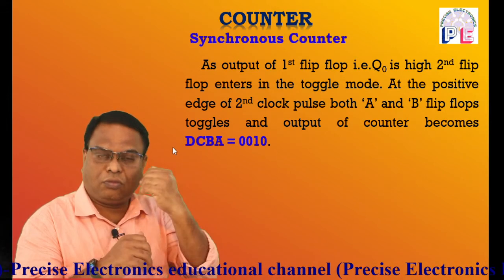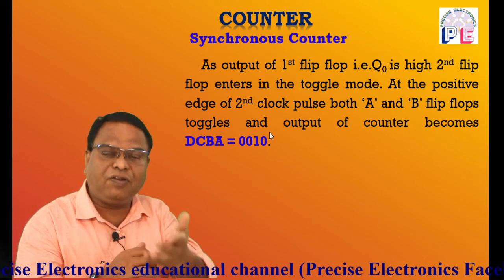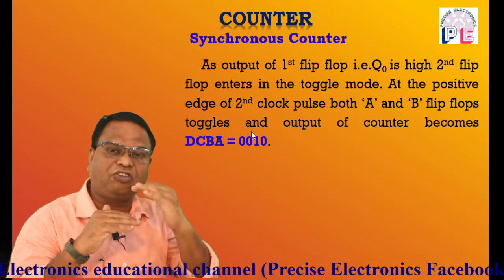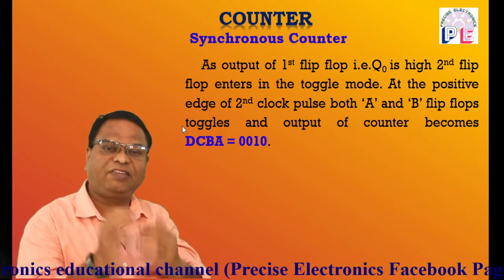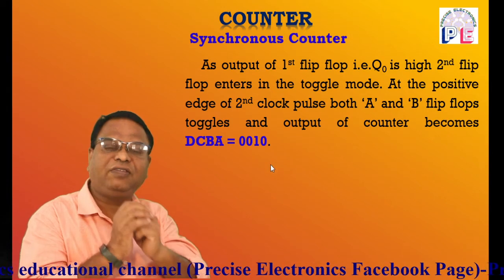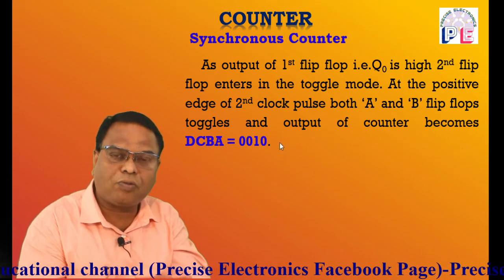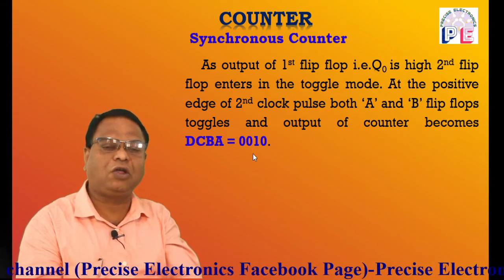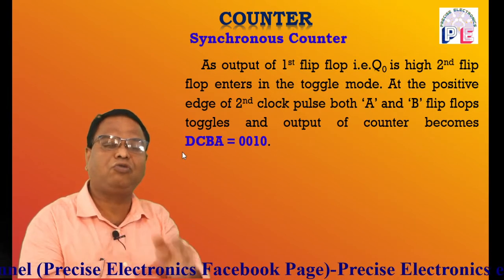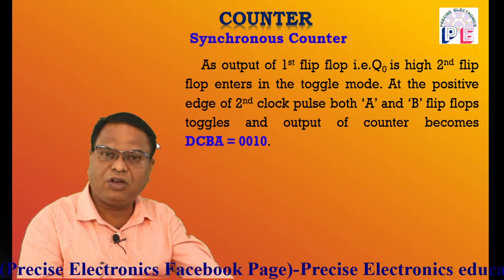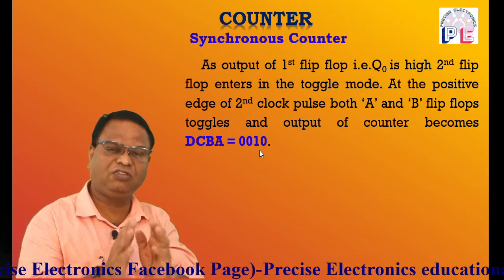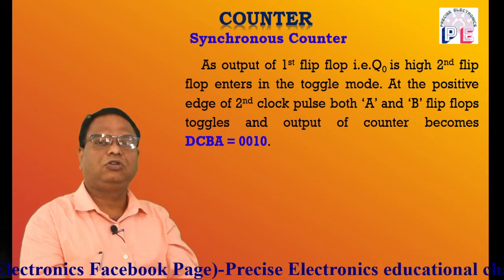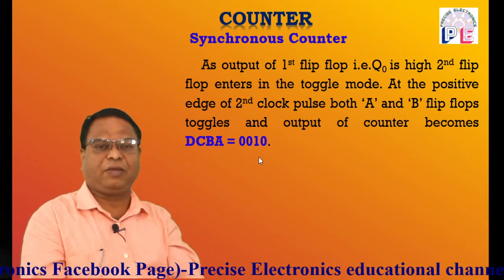So the transition of B flip-flop occurs, its state changes from low to 1, while C and D flip-flop remain in the last state. So the output of counter at the positive edge of second clock pulse is now DCBA equal to 0, 0, 1, 0.